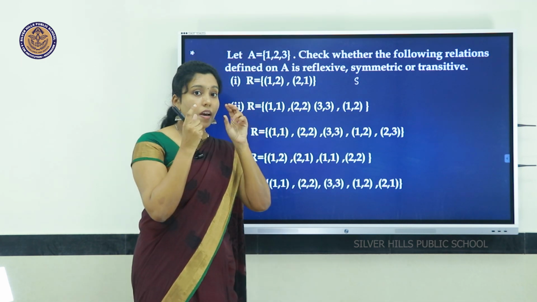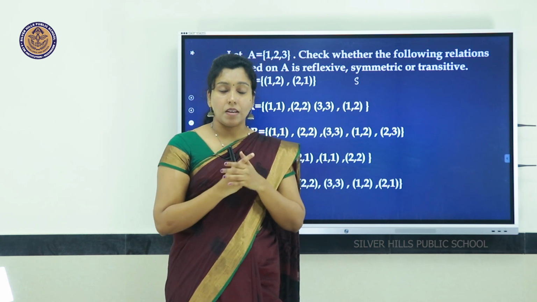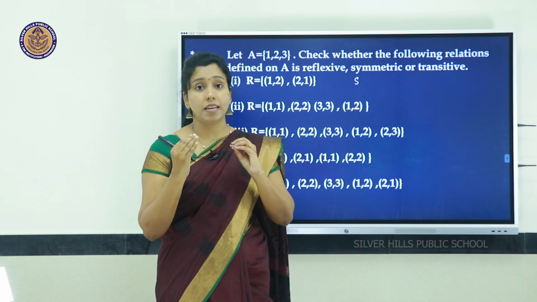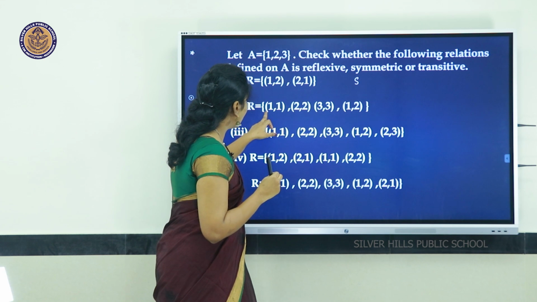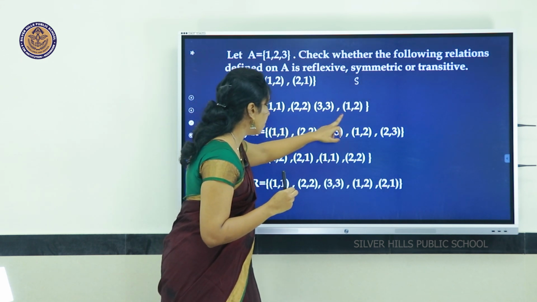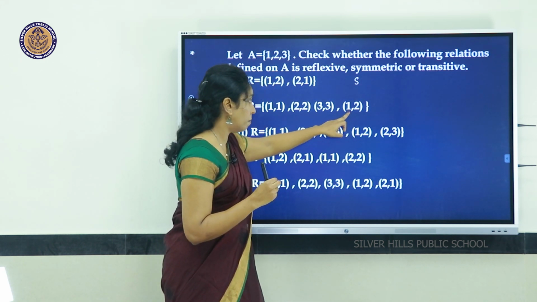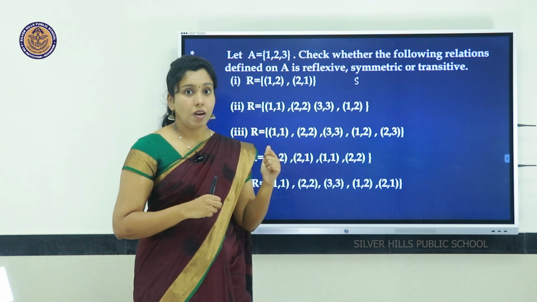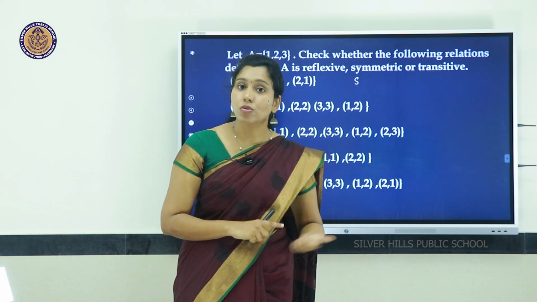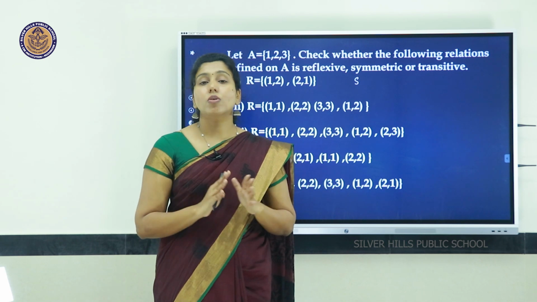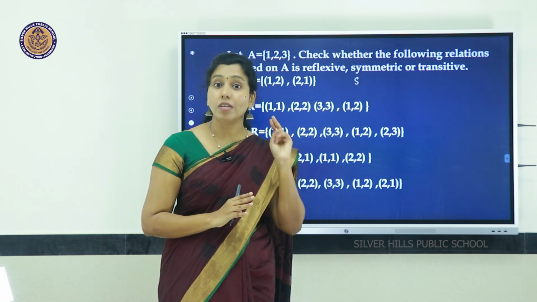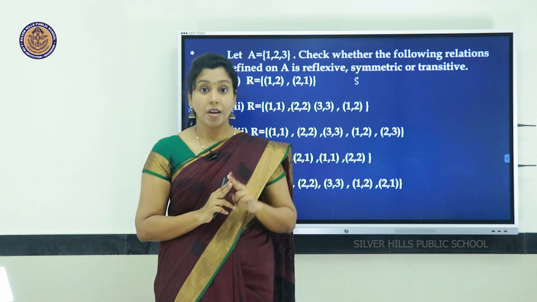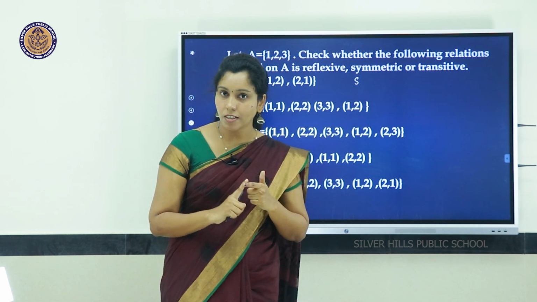Just check for a pair (a, b) where the first element and the second element are different. Here we have the ordered pair (1, 2) present. So, is (2, 1) present here? No. So, we will conclude the relation is not symmetric. It is reflexive, but it is not symmetric.